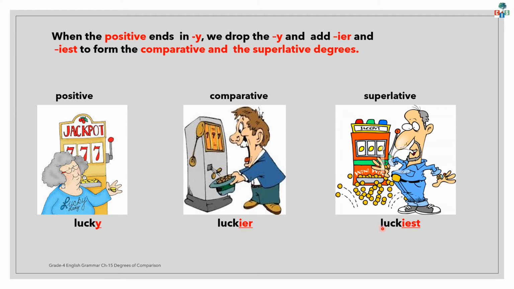And when you want to change the form into the superlative degree, drop the letter Y and add IEST, luckiest. Lucky, luckier, luckiest. Happy, happier, happiest.